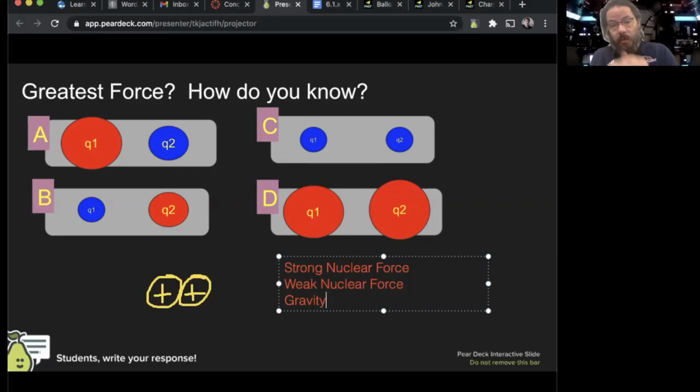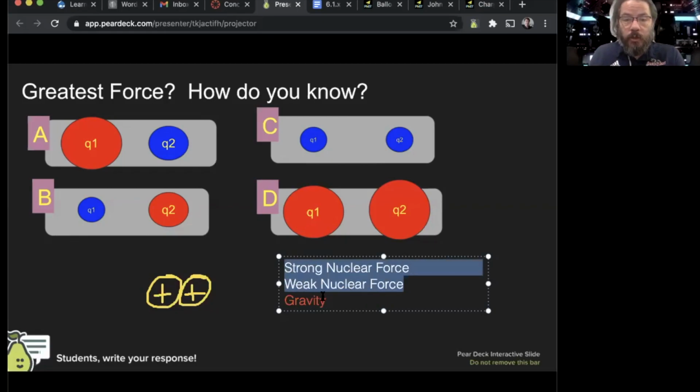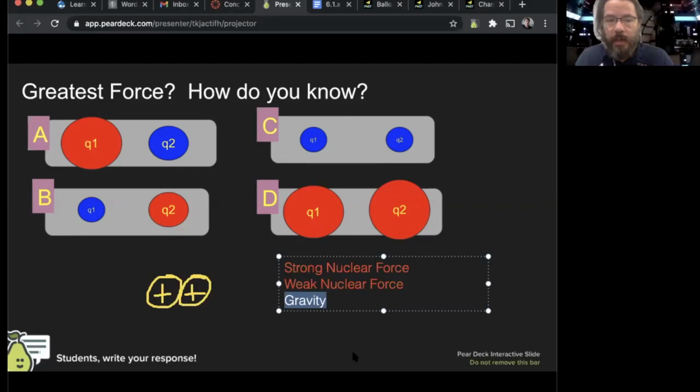Okay? So there are other forces involved. What you need to know is gravity is so much weaker than the electric force, it almost has no impact in the nucleus of the atom. It has to be this strong nuclear force which holds them together. And it does. The weak nuclear force is also at work.